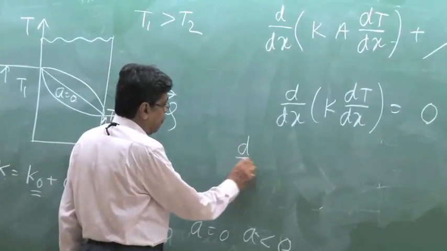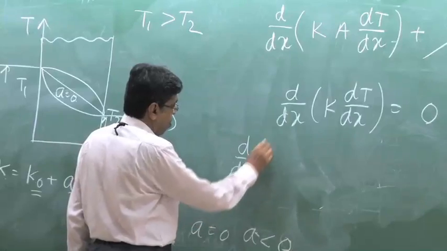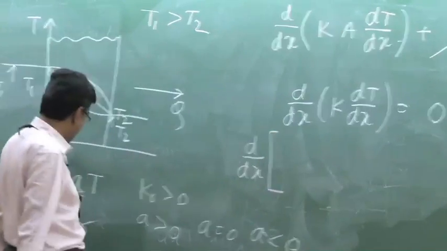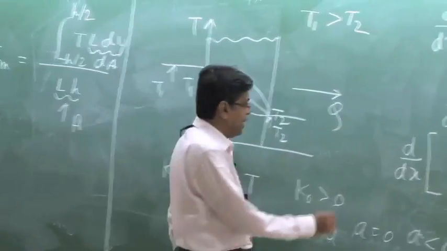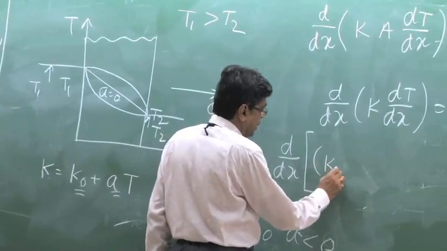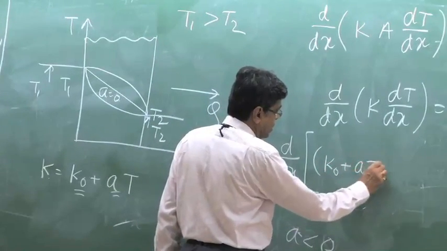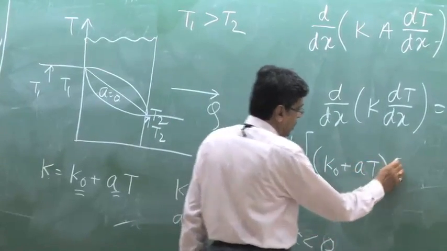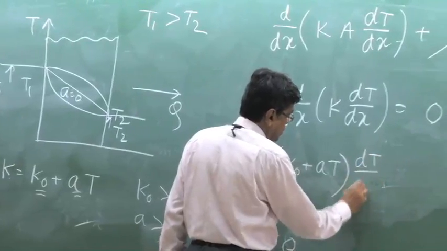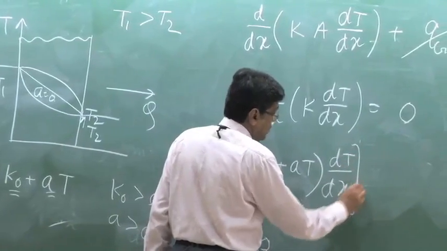d/dx of (K0 plus AT) into dT/dx is equal to 0.